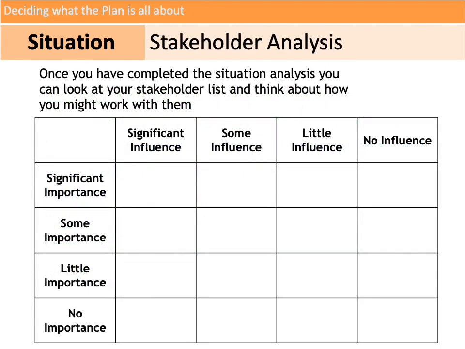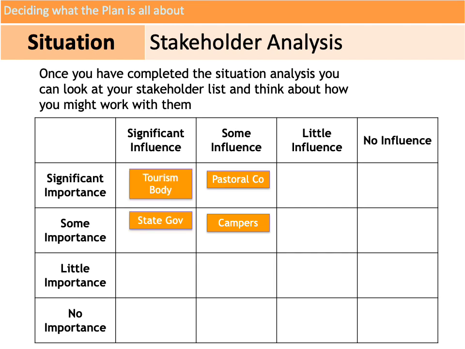Now, when you get to course 2, you're going to do quite a lot more work on stakeholder analysis. But we often find this situation analysis is really useful for helping you think about your stakeholder list and how you might work with them. Here we've got, for example, a pastoral company that has some influence, some campers who have some importance. The state government is significant.